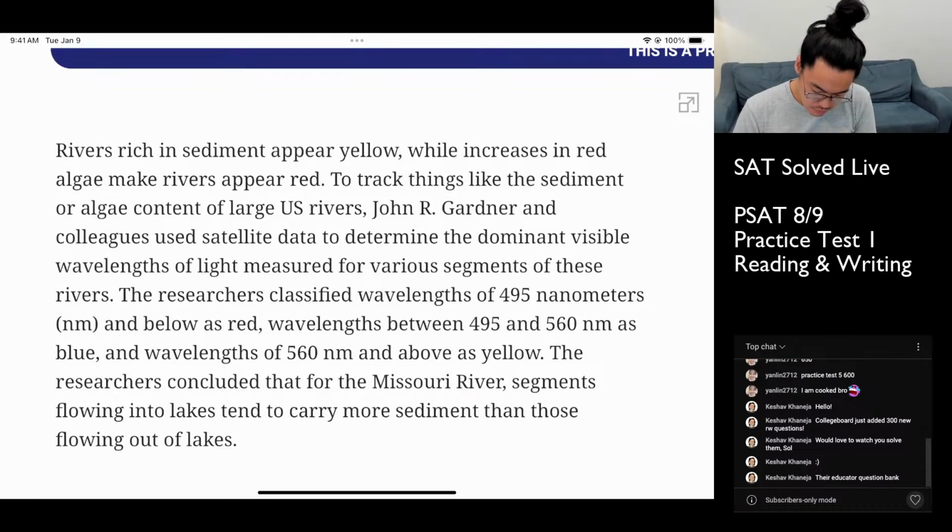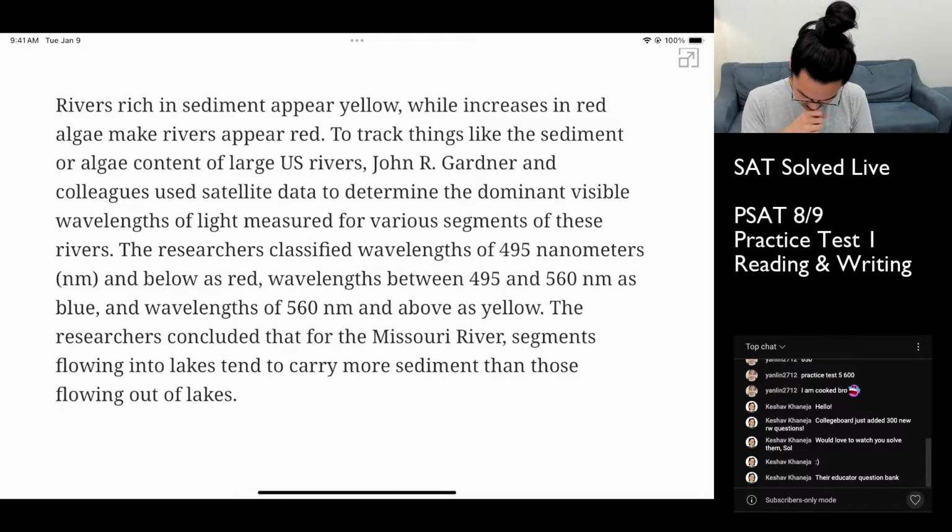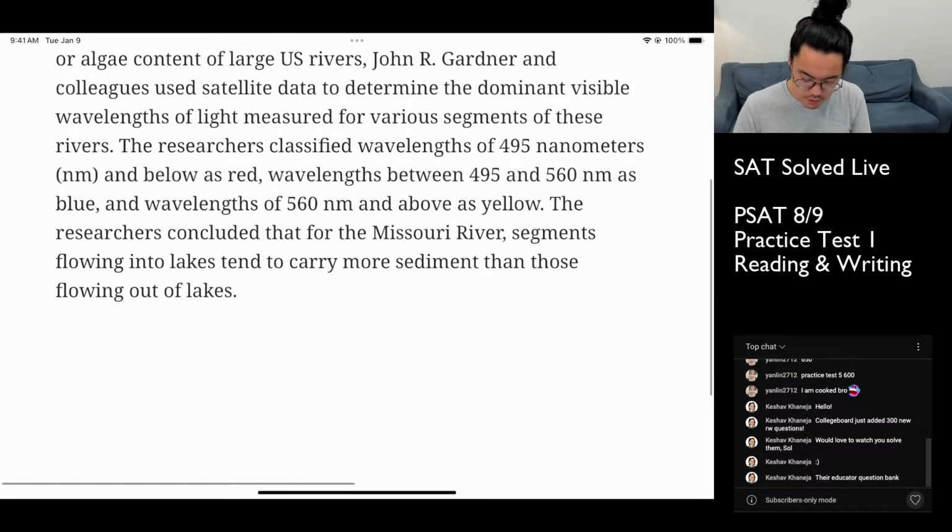Rivers rich in sediment appear yellow. I've seen this before. While increases in red. Okay, sediment equals yellow. Algae equals red. Sediment or algae. Satellite data. Visible wavelengths, okay. 495 and below equals red. 495, 560, and I'm skipping the blue, and I'm looking at 560 and above is yellow.